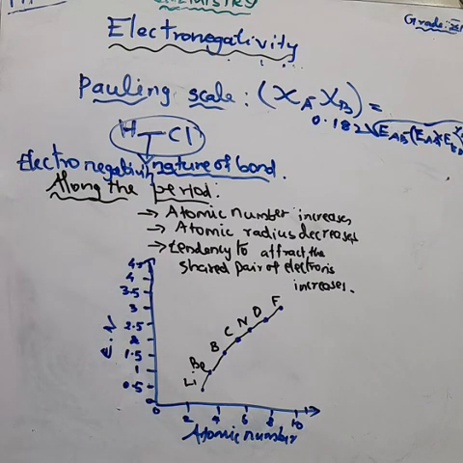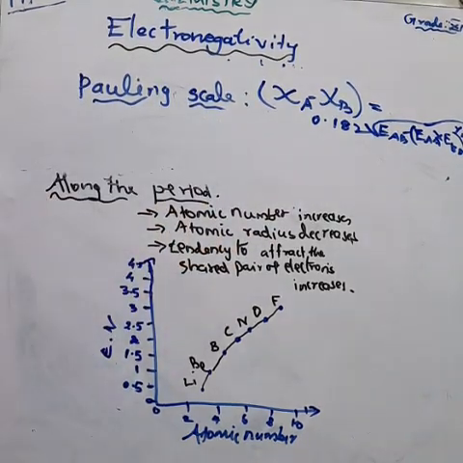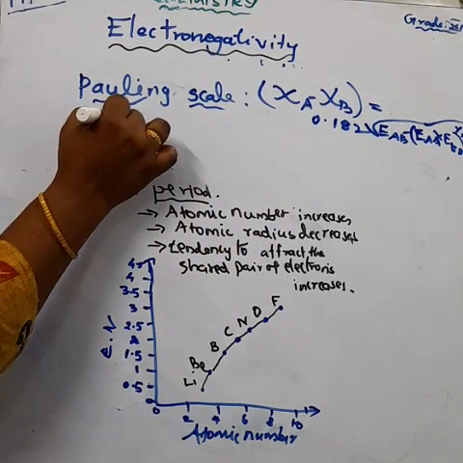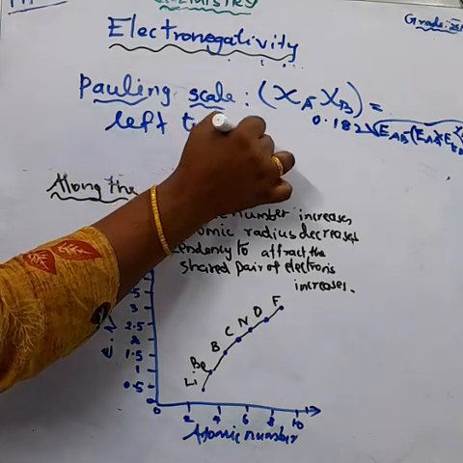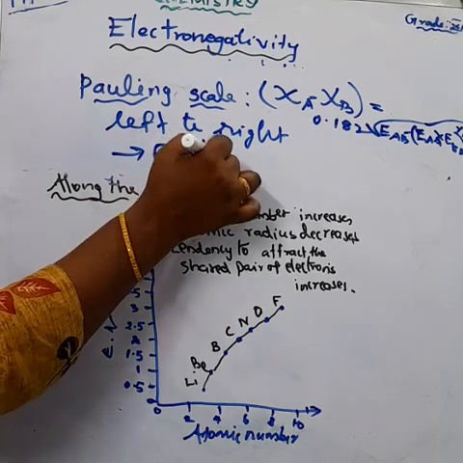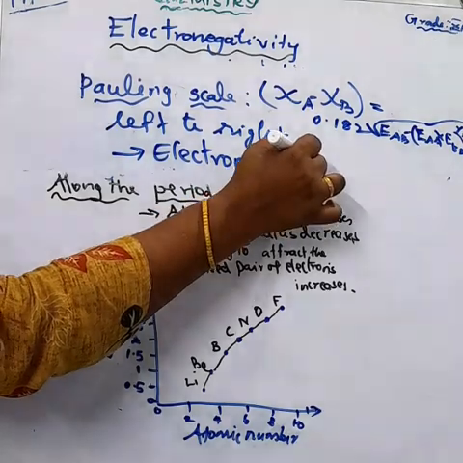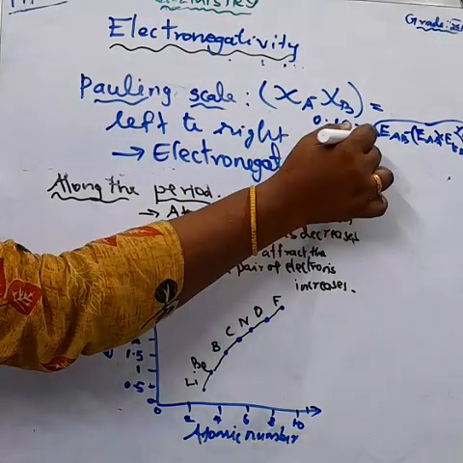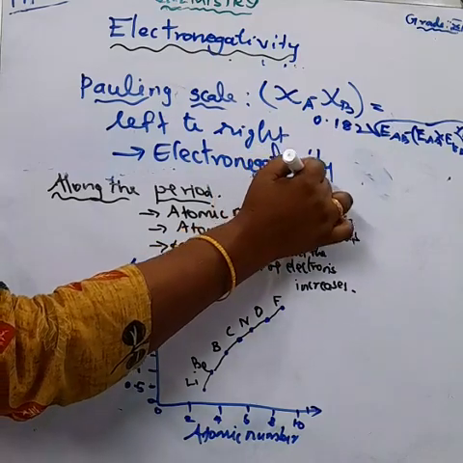Generally, electronegativity values increase across a period from left to right. We discussed earlier that the atomic radius decreases in a period when moving from left to right. When atomic radius decreases, the attraction between the valence electrons and the nucleus increases.